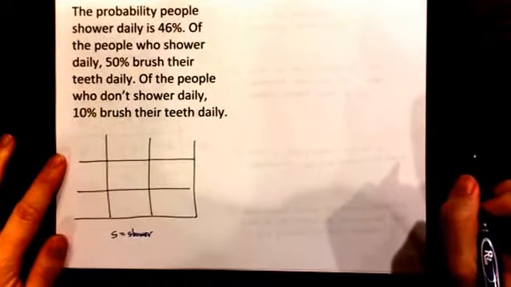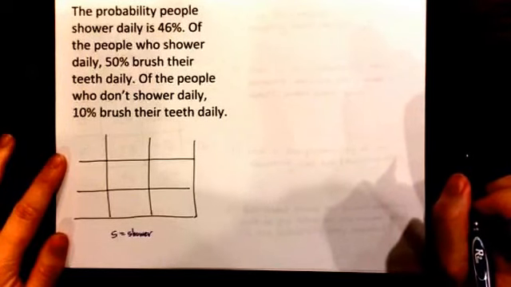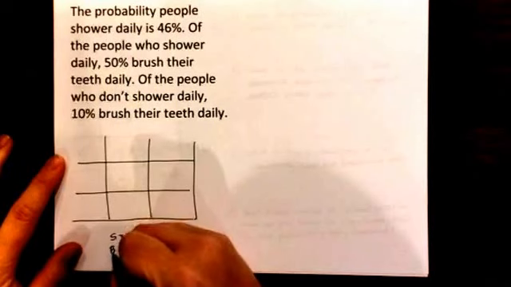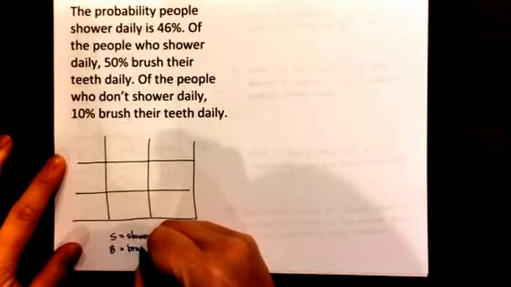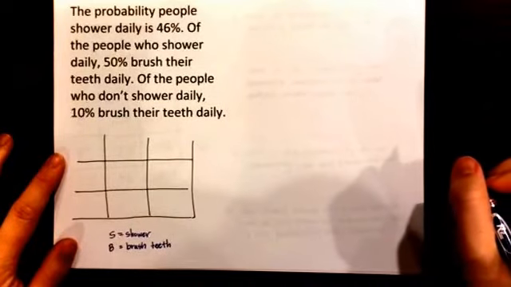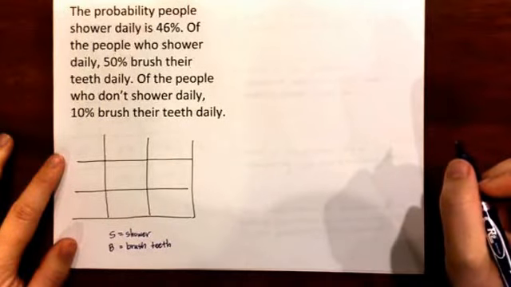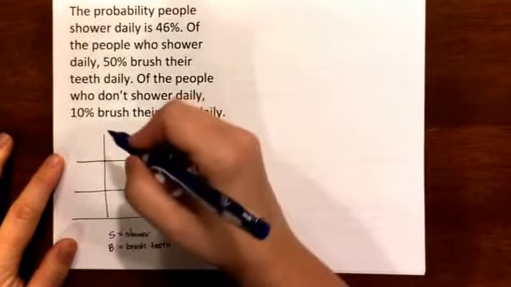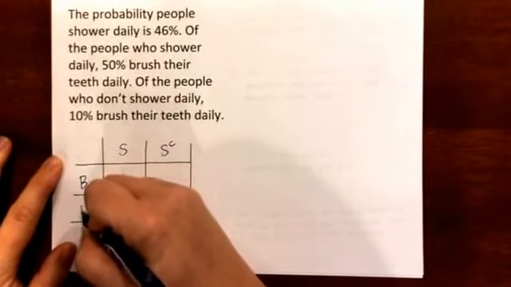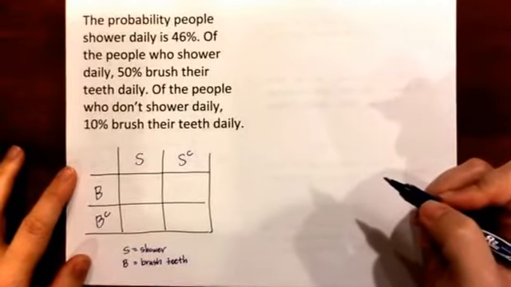And of the people who shower daily, 50% brush their teeth daily. Okay, so that's probably our second event. Brush teeth. And of the people who don't shower daily, 10% brush their teeth. All right, so let's put shower here, brushing your teeth here. All right, and let's start filling this out.